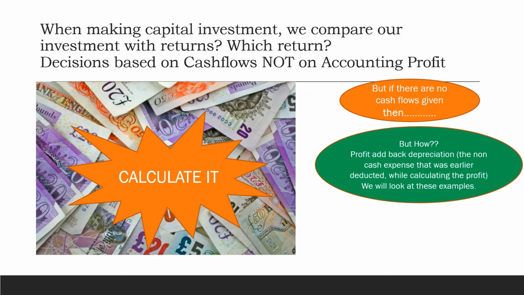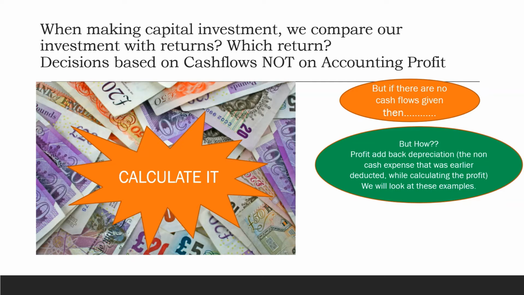Last time also we mentioned that depreciation is one of the most important expenses, but it's a non-cash expense. Okay, so that means there is no cash going out of the company. So if we are talking about cash flows, that means this depreciation, which is treated as an expense in calculating profit, actually has no cash moving out of the company. Okay, so for calculating cash flows, we have to add back depreciation because this is not a cash expense.